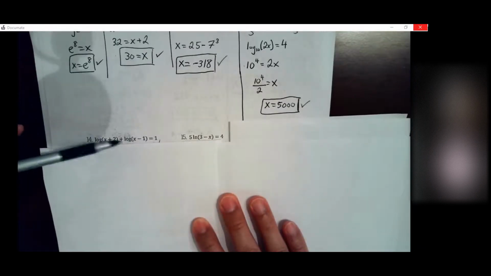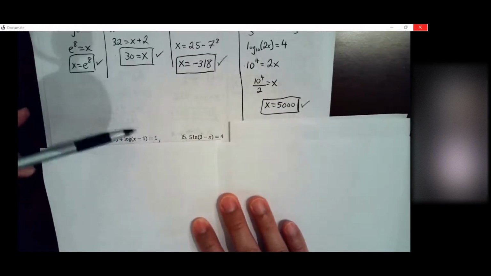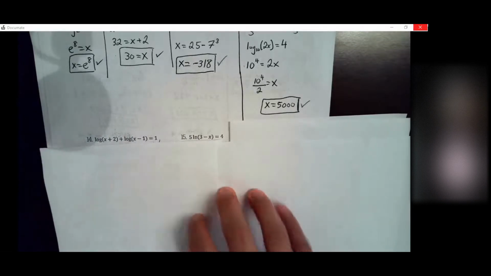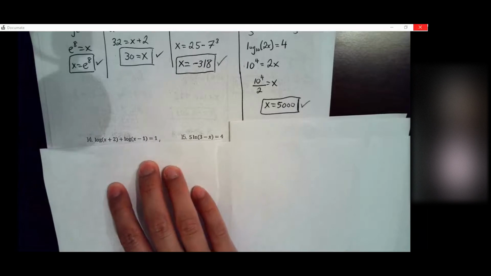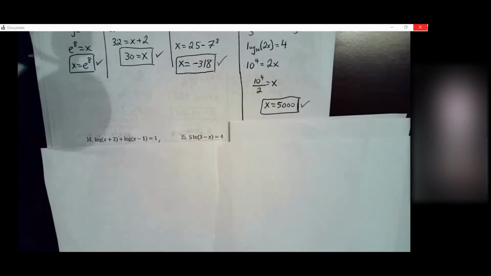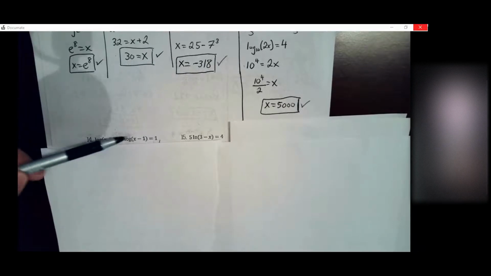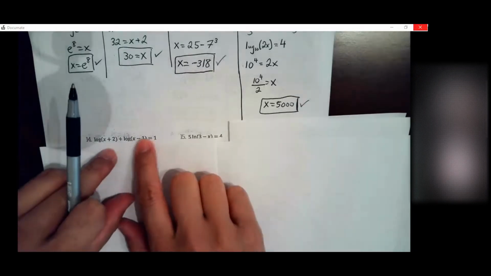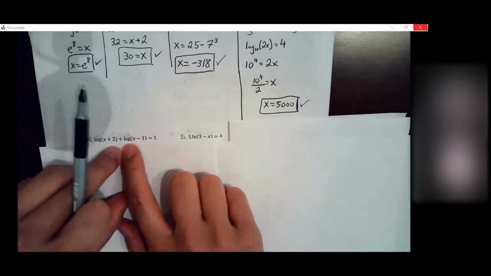So any properties that we can do to try to merge these terms together? We could do log of x plus 2 times x minus 1. That's right. Yeah, product property. Product property allows us to merge the sum of two logs into the product of the arguments.